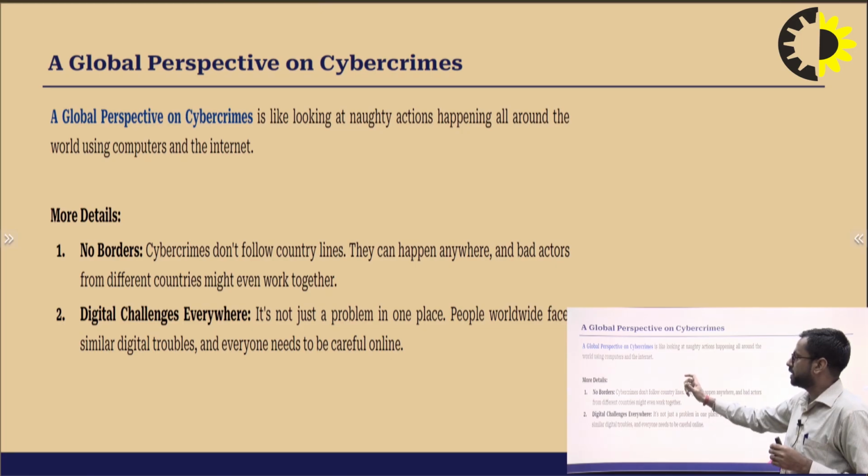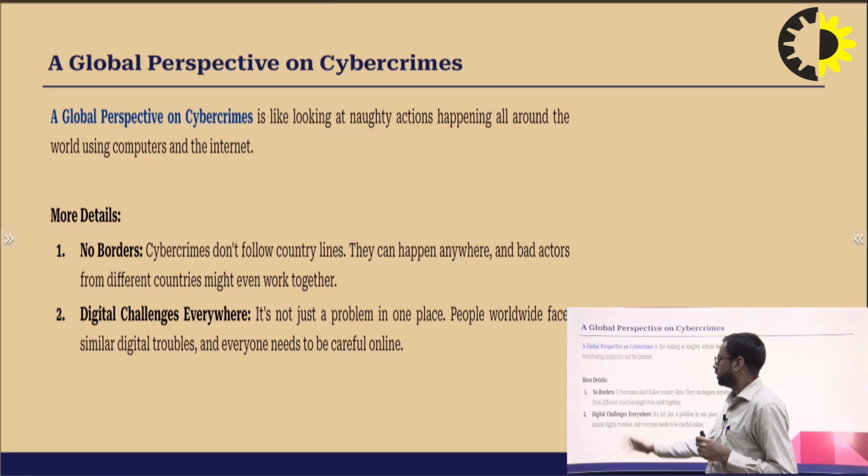More details on the global perspective of cybercrime: it has no borders.